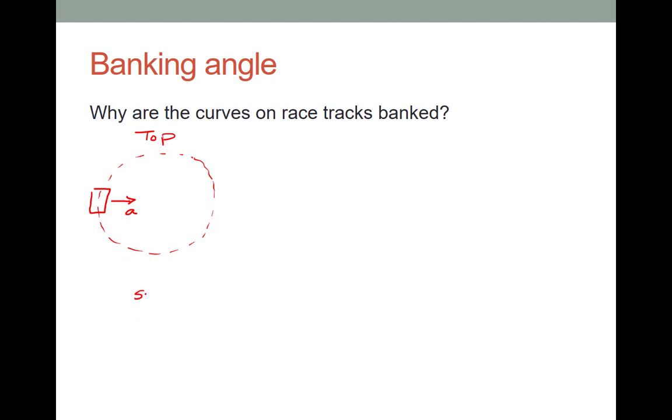If I look at the car from the side and think about the forces on it, or I guess instead of side view, you might want to think about it as the front view, but I'm looking at it from this angle. You would have a normal force from the track on the car, the car's weight, and then in order to get it to turn in the circle, you need friction.